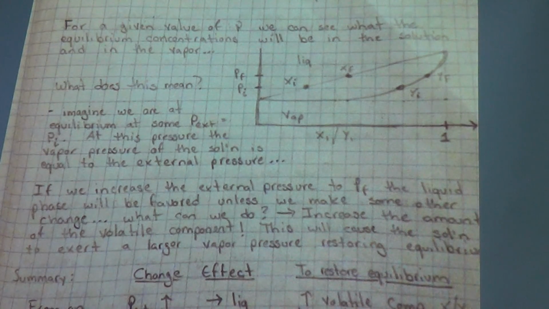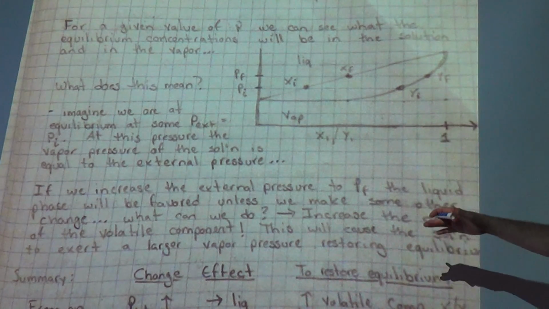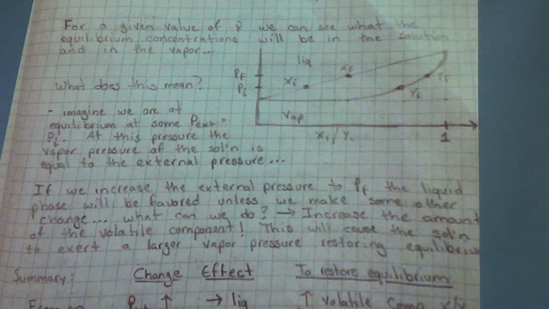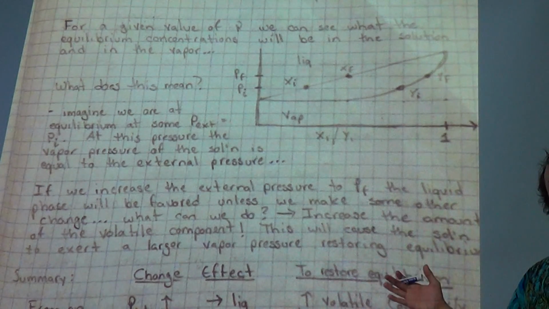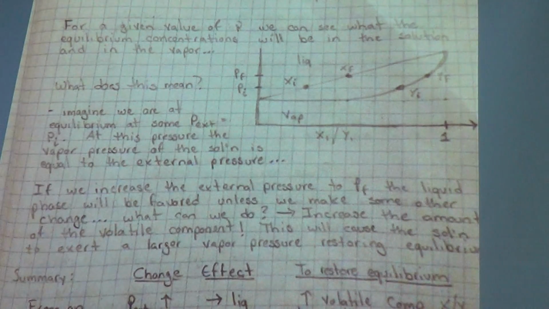If we changed pressure, we would have to change temperature along with it. In these curves, we can think of maintaining equilibrium in the same way. If we were to alter the pressure, in order to keep ourselves at equilibrium, we could alter the mole fraction. But if we don't alter the mole fraction, we don't stay at equilibrium.